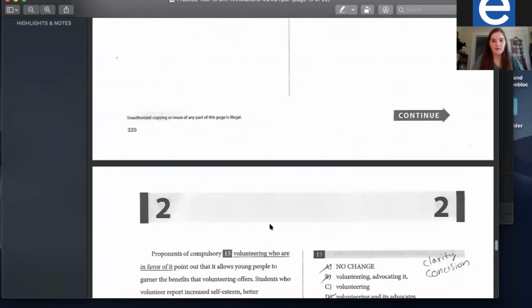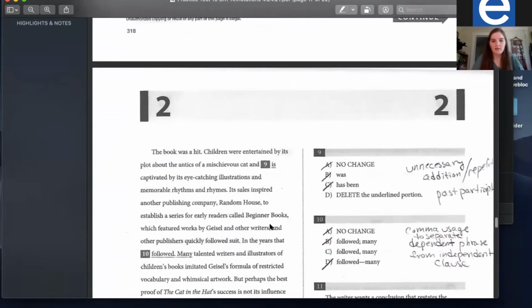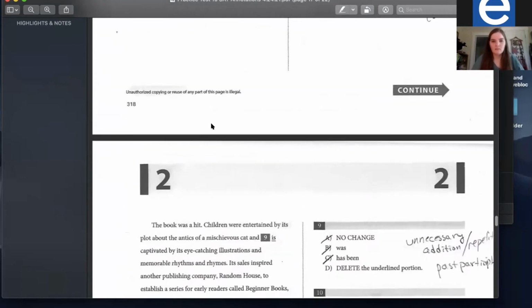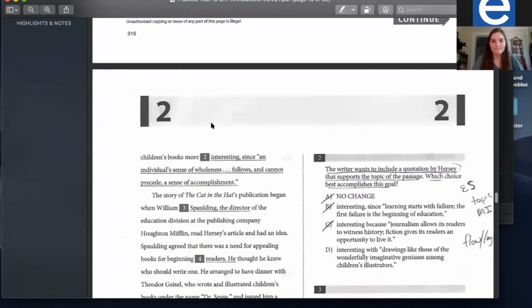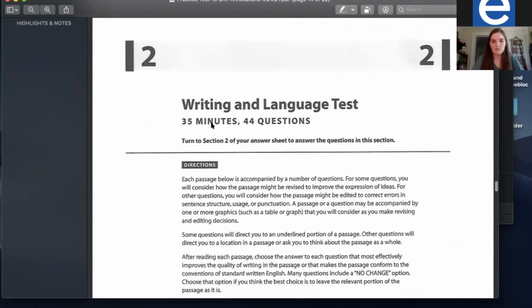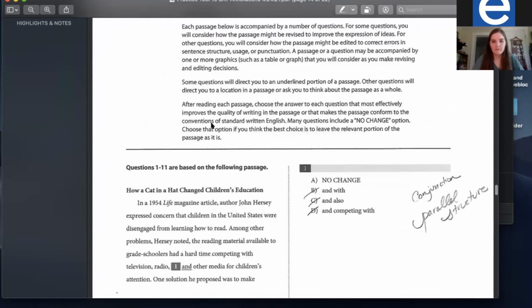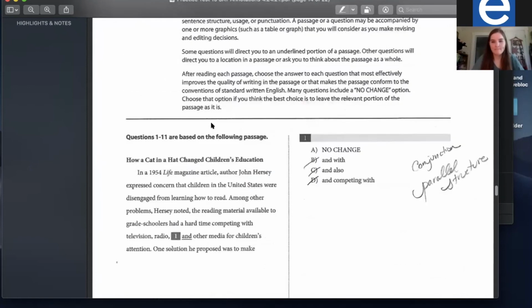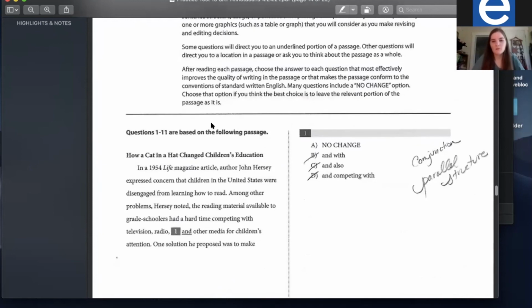All right, so let's kind of start in section 2. Essentially, here we're dealing with a conjunction.